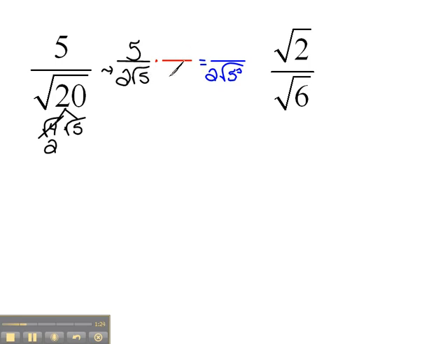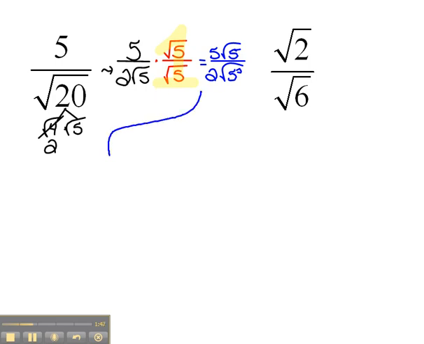We need another square root of 5, don't we? Because the square root of 5 times the square root of 5 is the square root of 5 squared. And again, we can do that as long as we do it to the top, so that we're technically just multiplying by 1. Okay, so 5 times the square root of 5 on top would be 5 square roots of 5.